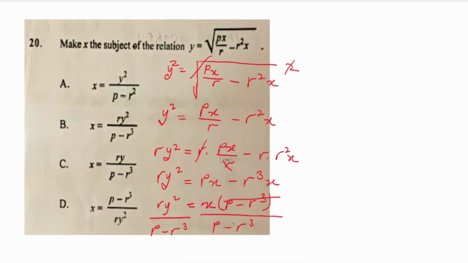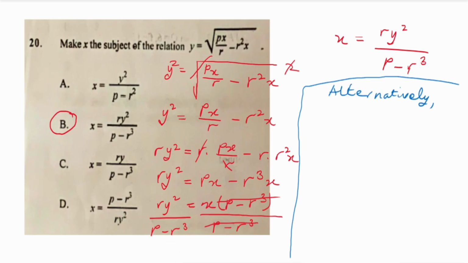And that means this and that go away, and we're going to have x to be equal to ry squared over p minus r cubed. And looking through the options, the correct answer will be option B.